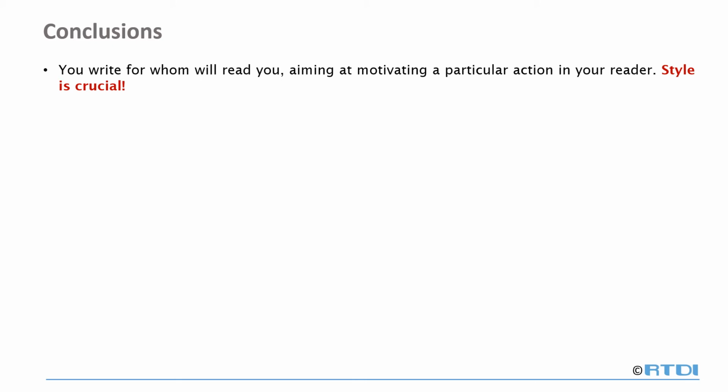If you write your proposal, you write it for whom will read you. But not only that, you do it aiming at motivating a particular action in your reader. If it is the evaluator of a call, yourself, your colleagues, potential partners to your project, you are writing or speaking for the target of your message, not for yourself, for them, and aiming at motivating a particular action.